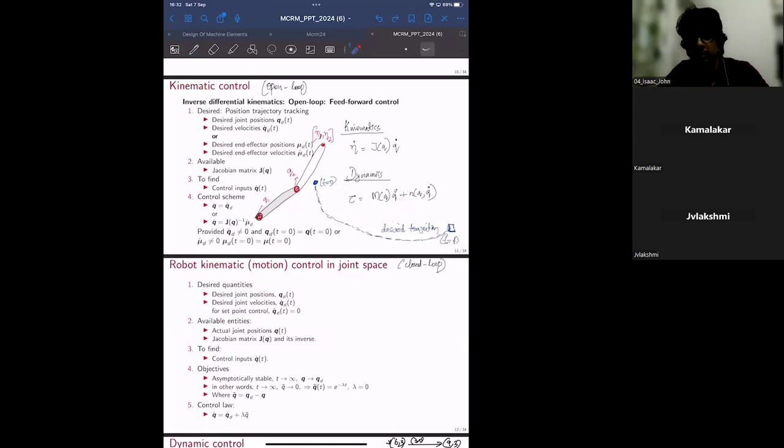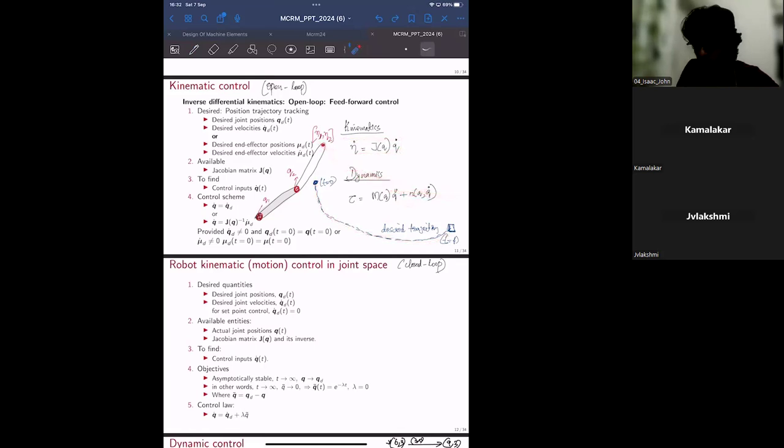Straightforward. The problem with this method is that if your robot's initial position is somewhere else instead of here, then as per this governing equation, it'll follow a path that has a similar shape to this, but it'll do this somewhere else.